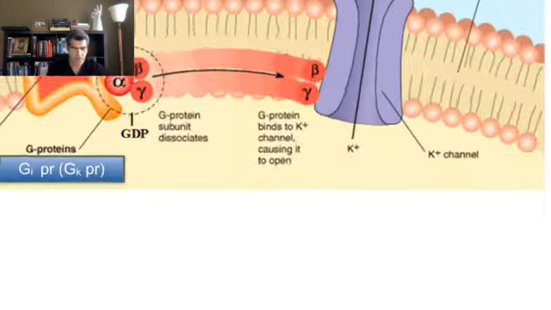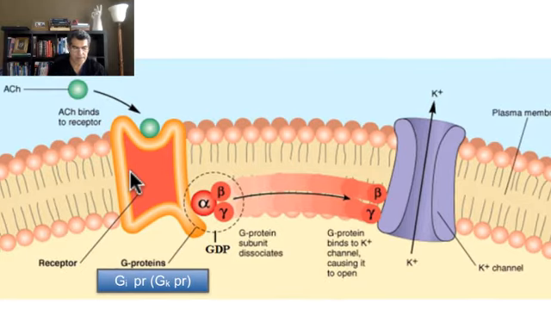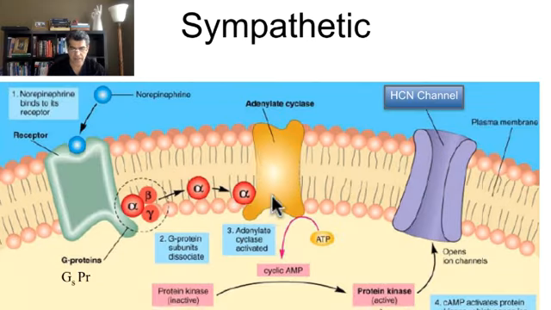Let's take a look. As soon as acetylcholine sits on this receptor, this G protein is called the GI protein, or also the GK protein. The first thing this GI protein is going to do is block the action of adenylyl cyclase. By blocking this, you're not going to create cyclic AMP, so you cannot open this channel faster.